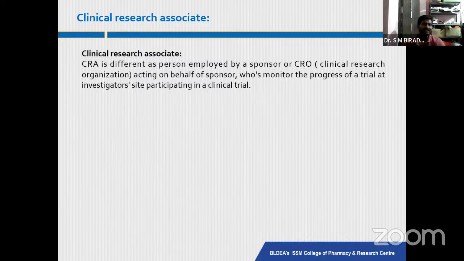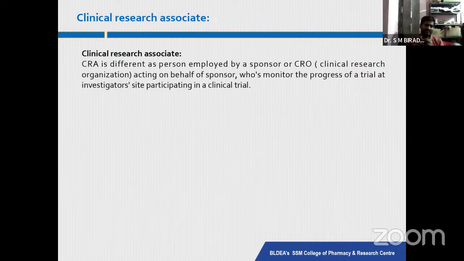And what is the role of the clinical research associate? This is a person employed by the sponsor. Most of the time the sponsor is like the boss, the owner of the clinical trial, who wants to see certain things done his way. The clinical research associate reports directly to the sponsor rather than to the investigator or other people.